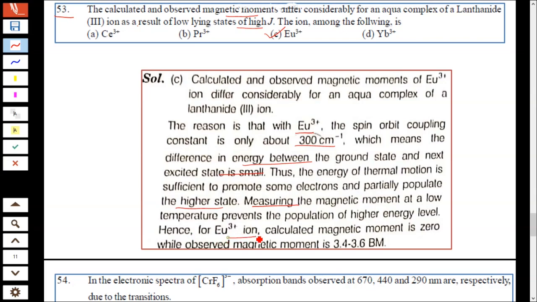Hence for the Eu3+ ion, the calculated magnetic moment is 0, but the observed magnetic moment is 3.4 to 3.6 Bohr magneton. Hence Eu3+ is the correct answer, because the calculated and observed magnetic moments differ considerably only for europium, other than promethium, cerium and terbium.